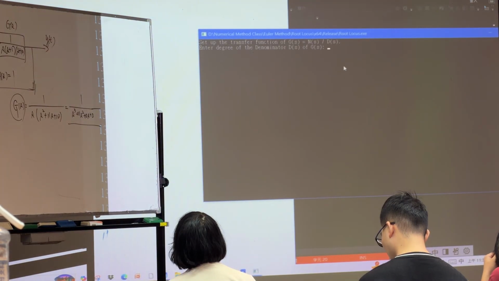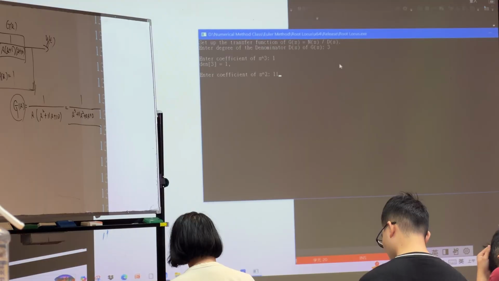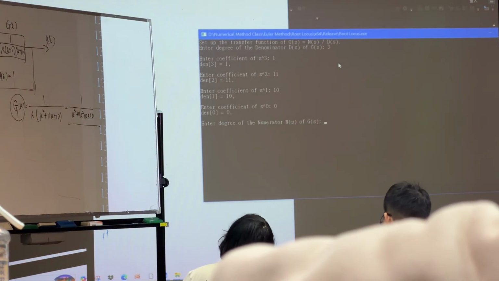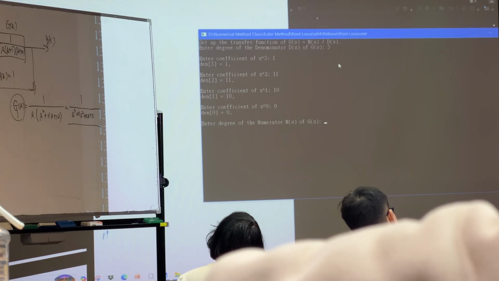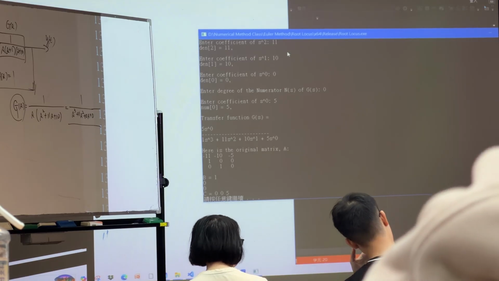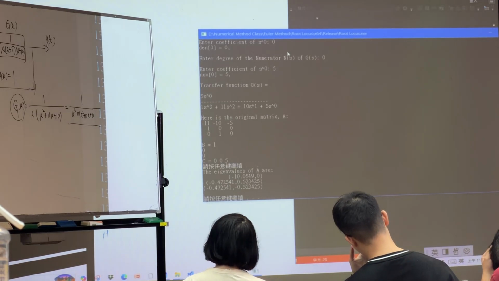So now if we change it to 5, again the denominator degree is 3, and this is 1, 11, 10, and 0. And for the numerator, we use degree 0 and then put the k value of 5. Now to generate the matrix again, let's do the simulation.